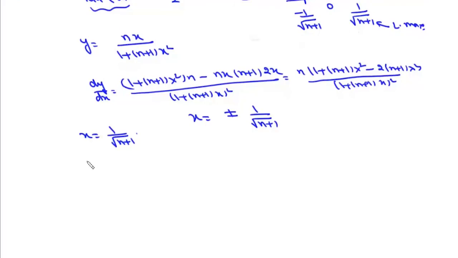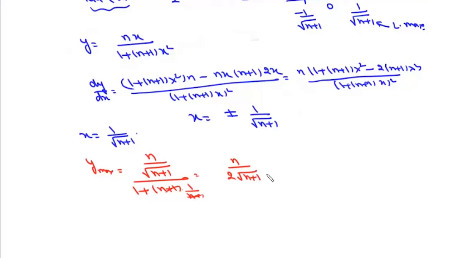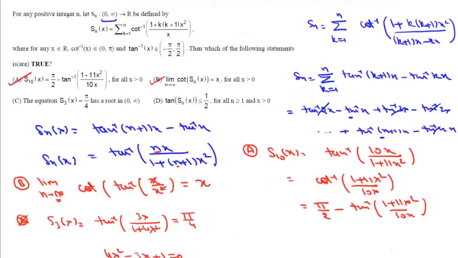So this maximum value of y will be n upon under root of n plus 1, and 1 plus (n plus 1) times 1 upon n plus 1, so it will cancel. So it will be n upon 2 under root of n plus 1. So the correct options are only A and B.